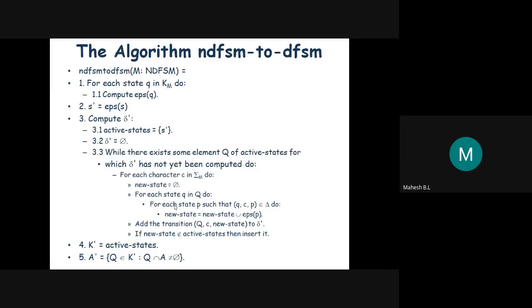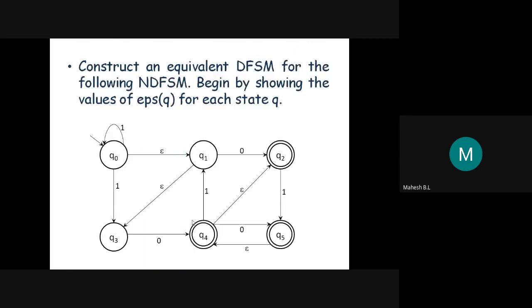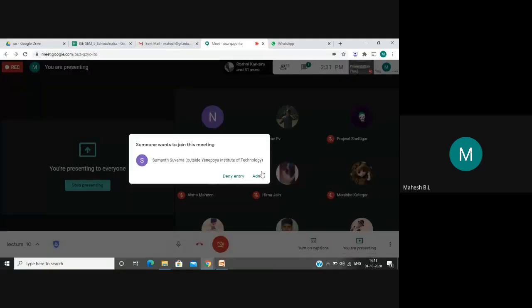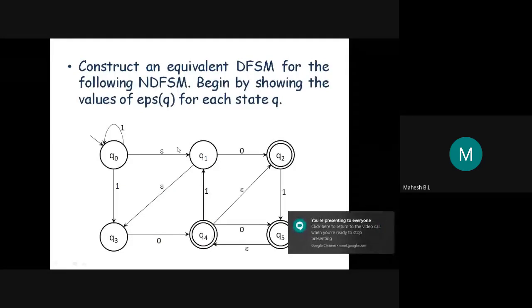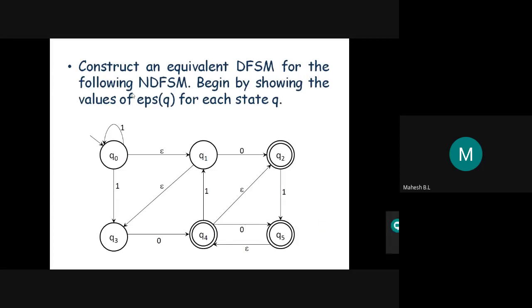For each state q, for each state P such that, now I'm considering C equal to 0. You know that I started by computing with S dash. S dash is epsilon of S, which is epsilon of Q naught, which is Q naught, Q1, Q3.